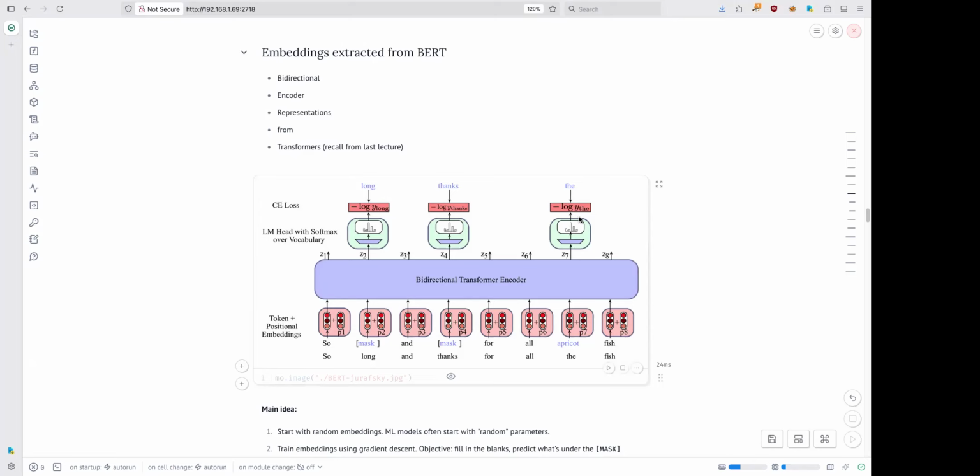We run GPUs and compute clusters for weeks and months, and train the embeddings. Here we see embeddings right here. These traffic lights represent embeddings. We train them as part of the overall model. And as a result, we get a model that will output embeddings when we put in our text.